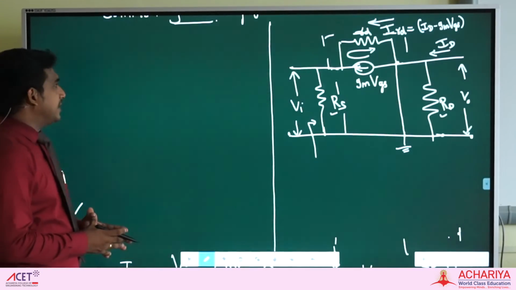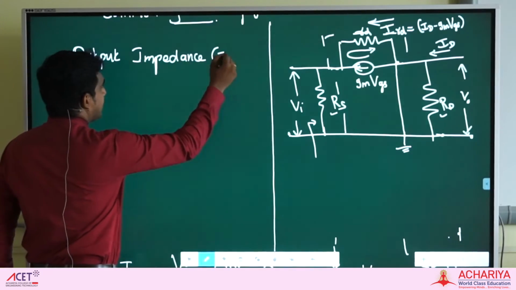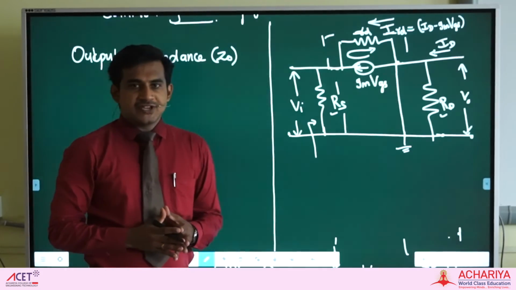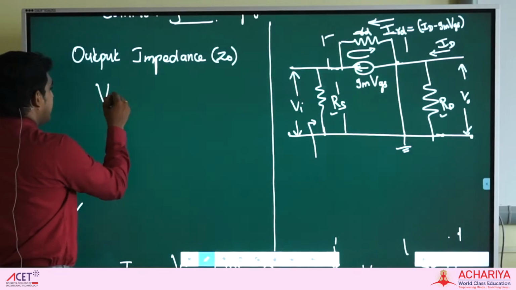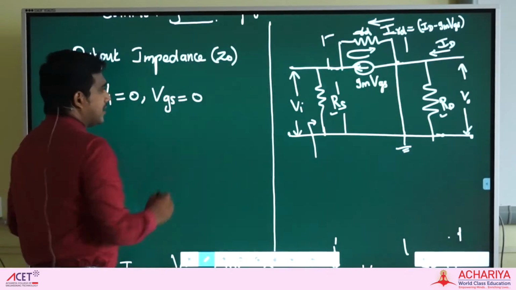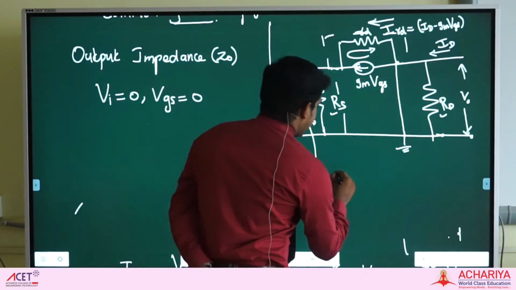Next we are going to find the output impedance, represented as Z0. To find output impedance, we should consider input voltage Vi equal to 0, that is VGS equal to 0. If we put VGS equal to 0, the output circuit becomes like this.